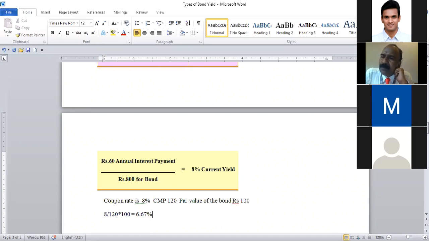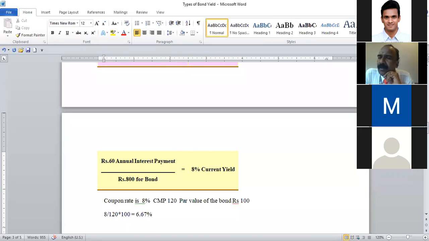If the denominator is the current market price, it is current yield. If the par value and market price are the same, nominal yield and current yield are the same.